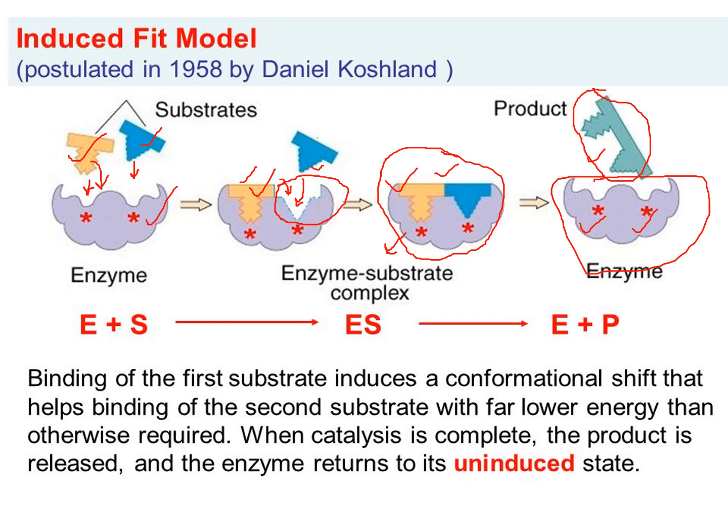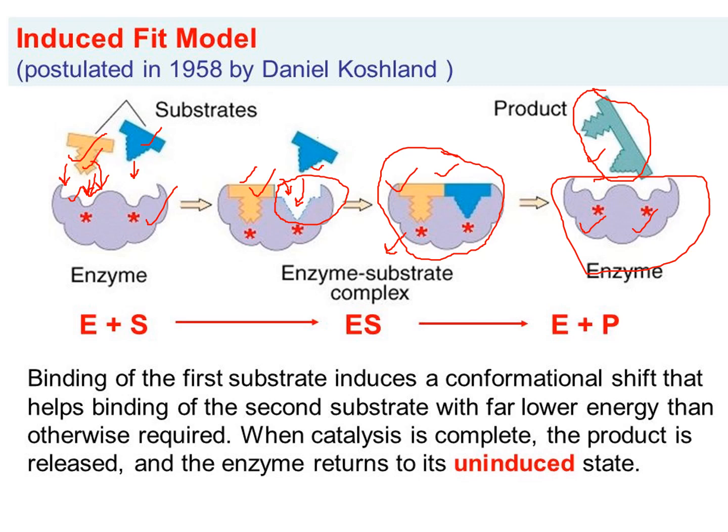Binding of the first substrate induces the conformational shift that helps binding of the second substrate with far lower energy. In the initial state, whenever the first substrate attaches to the enzyme active site, there is a large difference in the shape of the enzyme active site and the substrate.